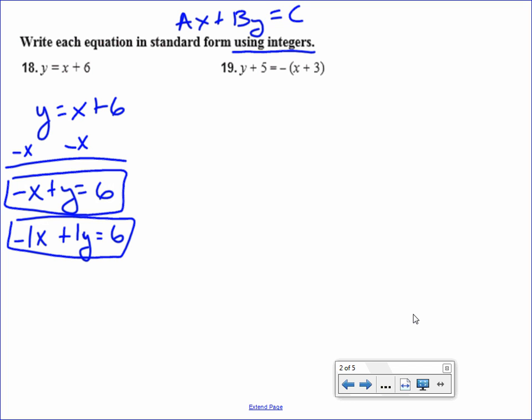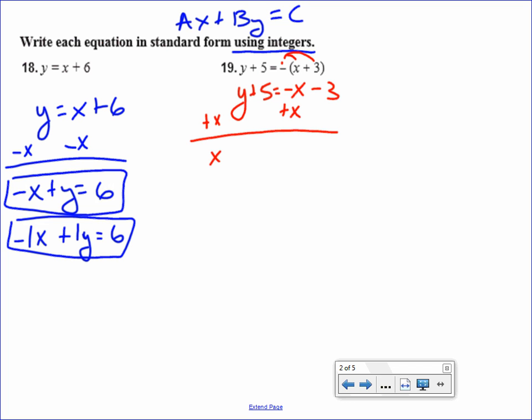Okay, so if I wanted to get this second one into standard form, again, we want our x's and our y's to the same side. So the first thing we should think about doing is getting rid of our parentheses. So if I distribute my negative, I'd get a negative x minus a 3. So then I have 2 more moves left. I'm going to have to add the x to both sides.